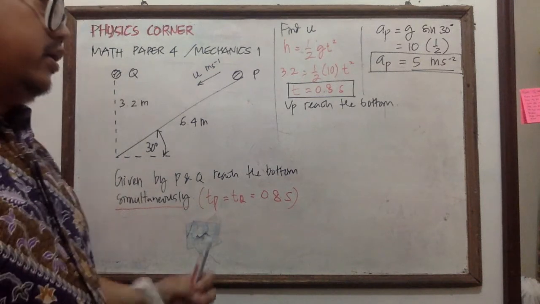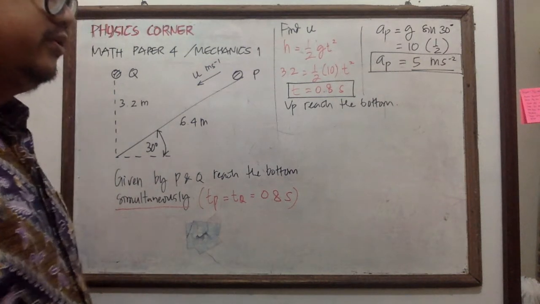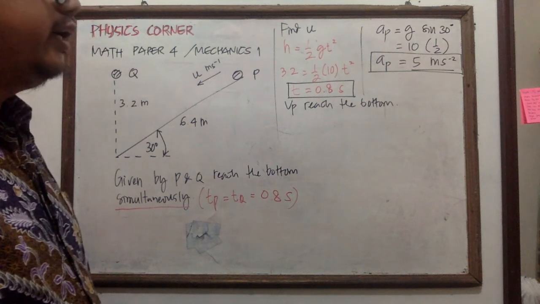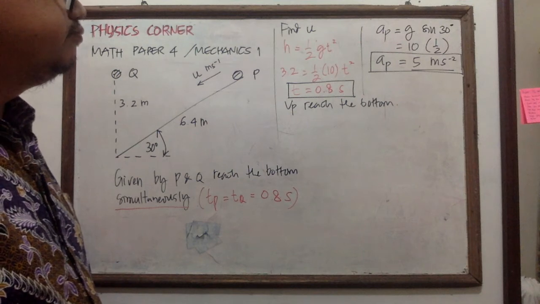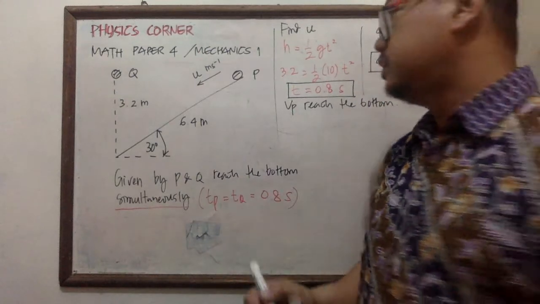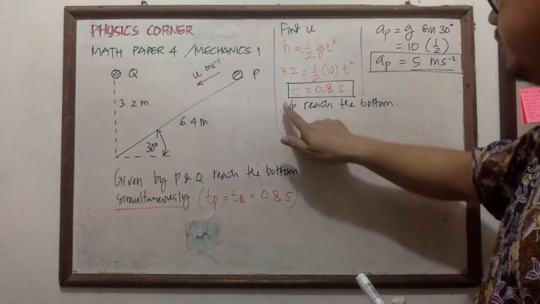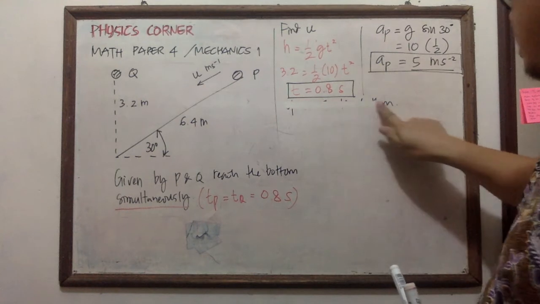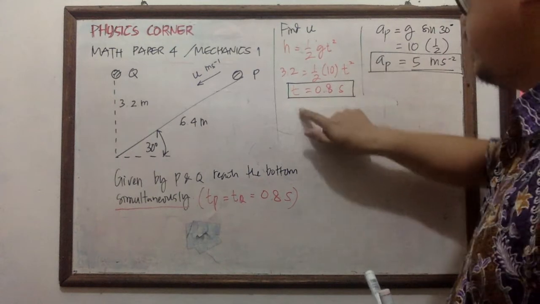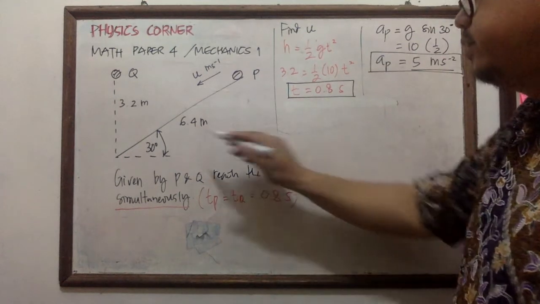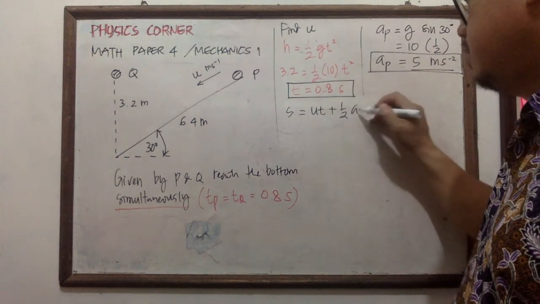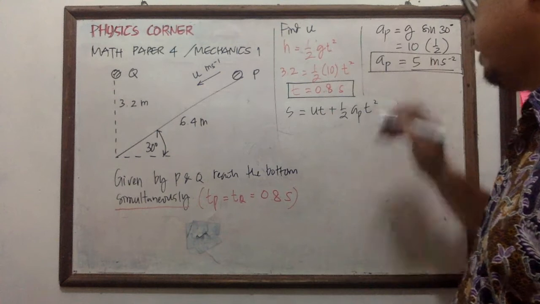So, what about U? Because we have the distance s, I want to erase first here to use this whiteboard to write my explanation. So we have distance s equals u t plus a half of ap t squared.